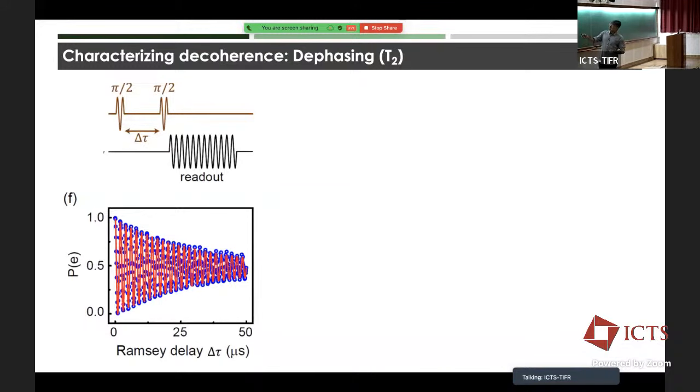So what's going to happen here is that if I look at the Bloch sphere picture, I start at the ground state and I do a pi/2 pulse, I come on the equator. But now I'm in a reference frame which is detuned from the qubit's Larmor frequency. So this vector now starts to precess at a fixed rate around the equator, exactly at the detuning frequency.